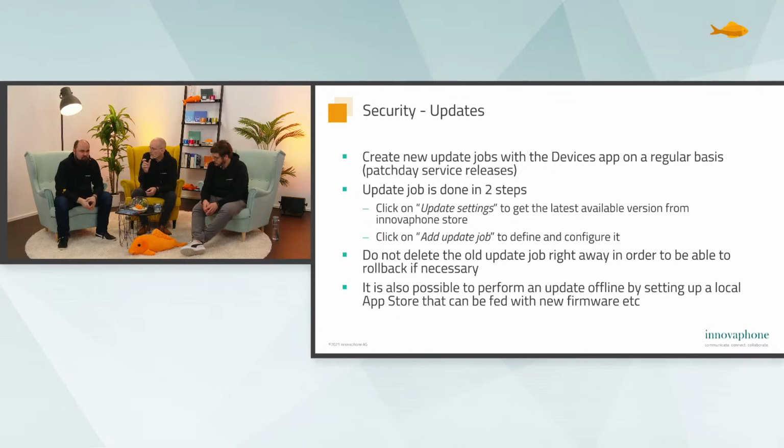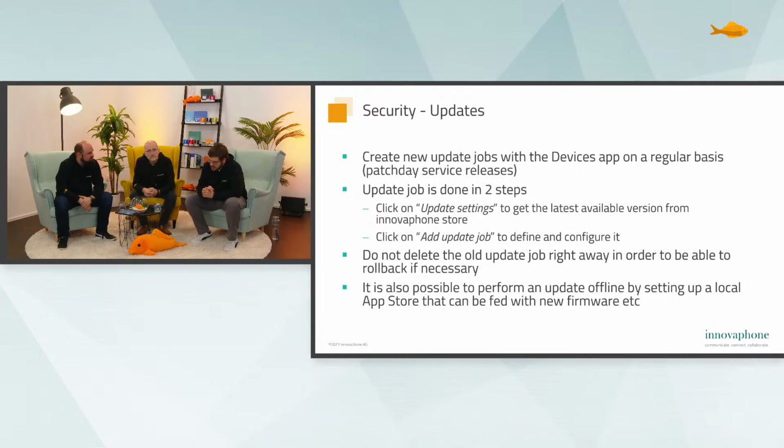If you do that, you can easily identify which update job has a previous release or even a release before that. So if you want to go back for some reason because of an issue in the latest update, it's easy to go back. You just click on Run Now on the older update job, and all gateways and all devices and all phones will be provided with that older firmware. All except the smartphones, of course, iOS and the Buildroot image of the Linux.